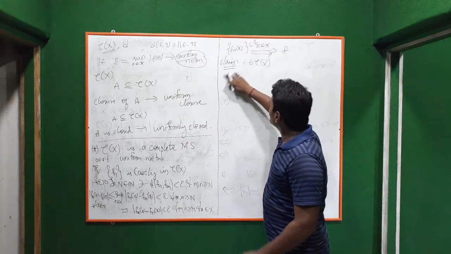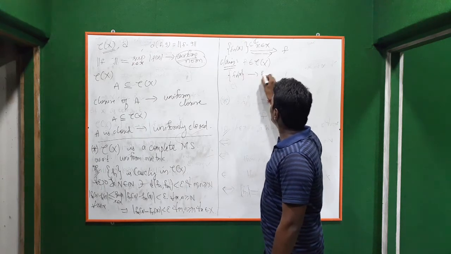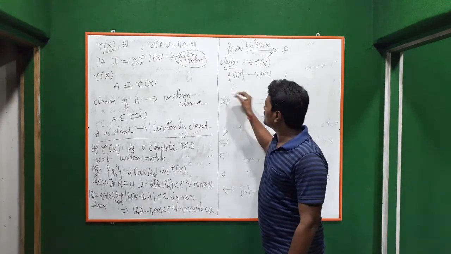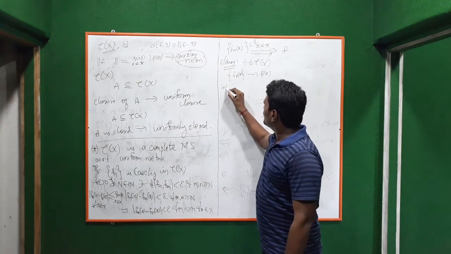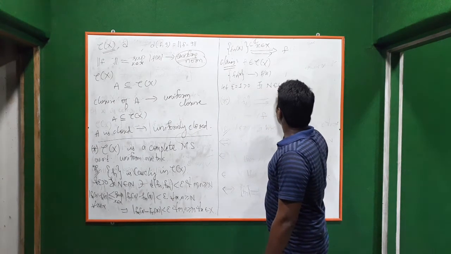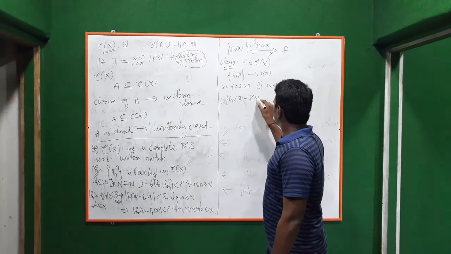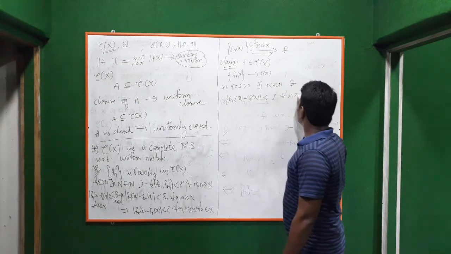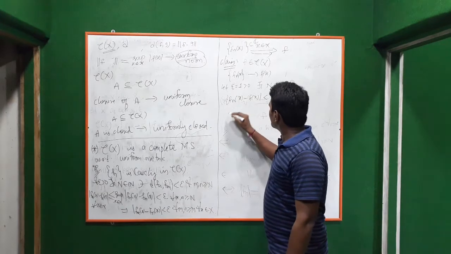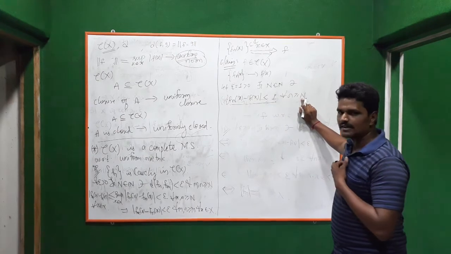But what do you know about f? Fn of x is converging to f of x. Use that. For any epsilon greater than 0, this is true. So let epsilon be 1, which is greater than 0. Then there exists N such that mod Fn of x minus f of x is less than 1 for any n greater than or equal to N. This is true for every n greater than or equal to N, correct?